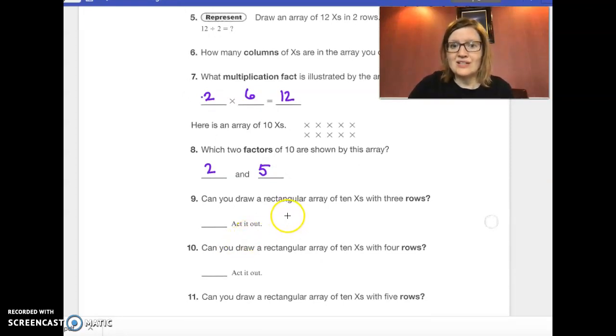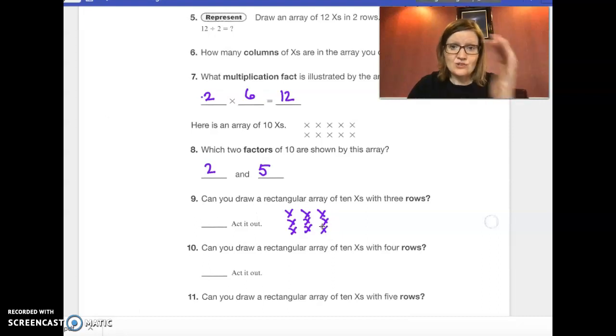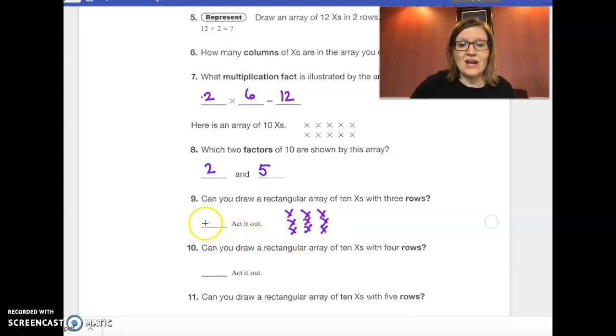Let's try. 1, 2, 3, 4, 5, 6, 7, 8, 9. We can get the shape, but we are unable to draw an array of 10 into 3 rows because 3 is not a factor of 10. So no, we can't do this.